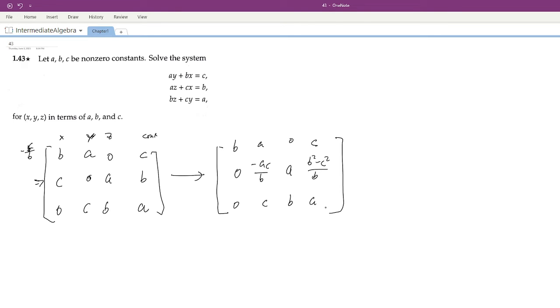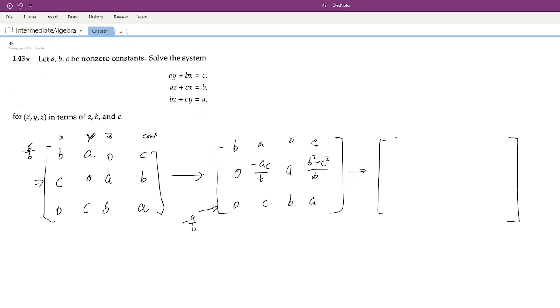Okay, then I want to cancel this A. So now we apply to the last row. We want to cancel this A, so we need to times negative A over B of the last row and add it to the second row.